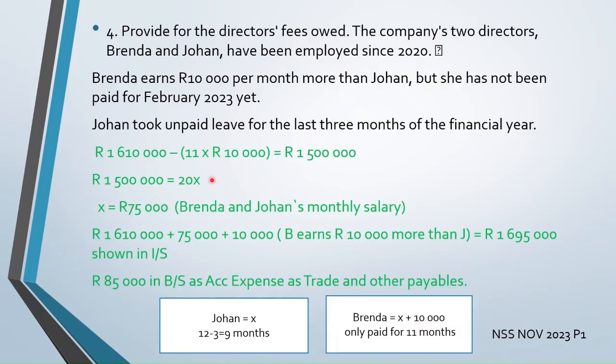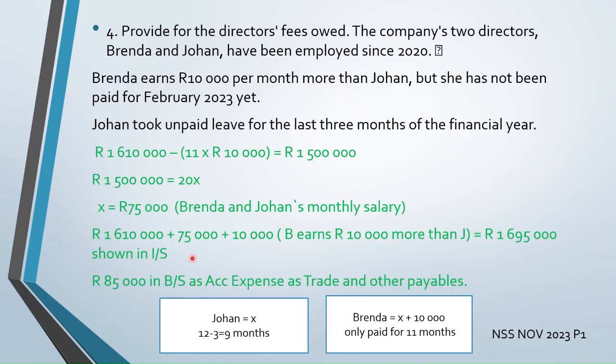So you are first going to take out the amount that she earns more than Johan to give us 1.5 million. Then you're going to divide it by 20 to give us Brenda and Johan's monthly salary.